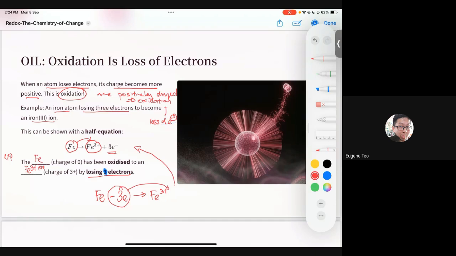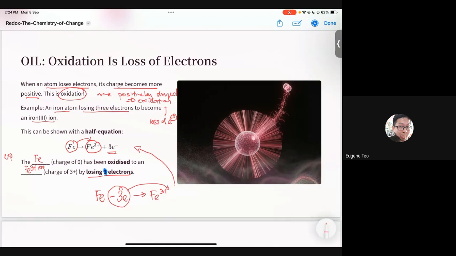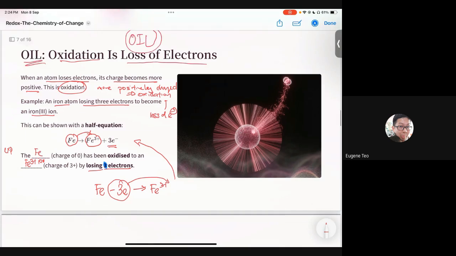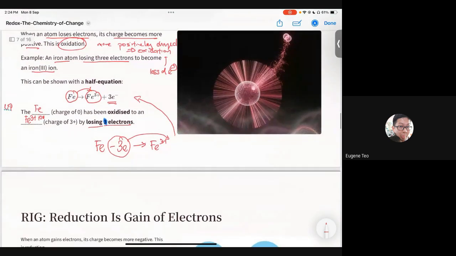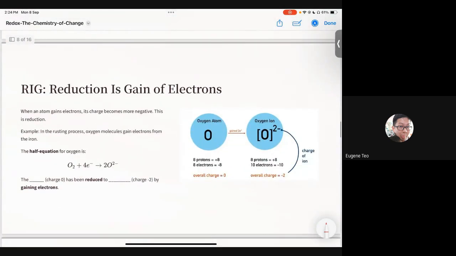So the first definition we have gone through already, which is that oxidation is about the loss of electrons. So this is the OIL. Okay, next one we're going to look at is gain of electrons. So reduction is the gain of electrons. So RIG, R-I-G. So when an atom gains electrons, its charge becomes more negative.